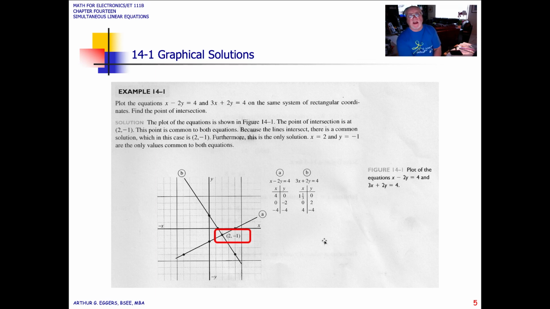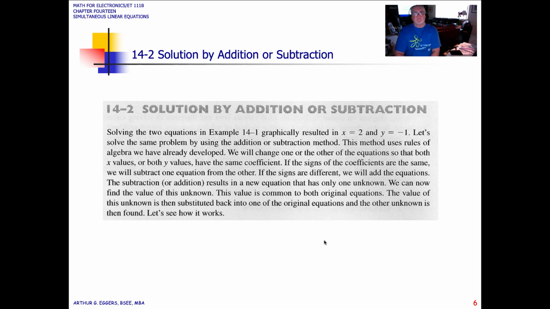Because the lines intersect, there is a common solution. Therefore, this is the only solution of x equal to 2 and y equal to minus 1 for a common solution for the two equations. So that was our graphical method. That's what we covered previously.